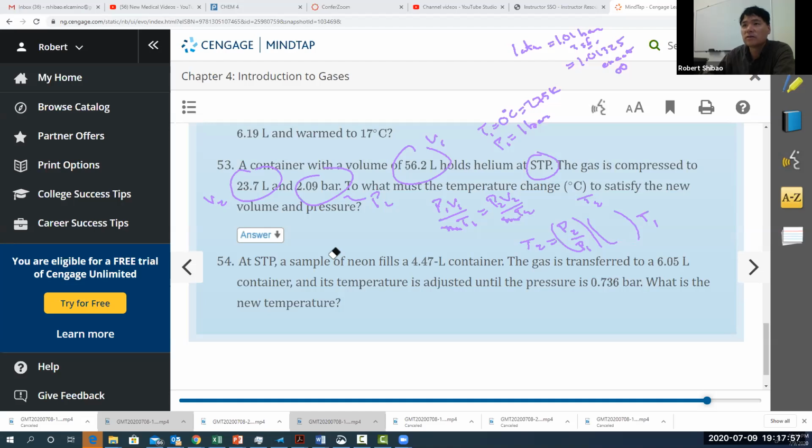Let's look at the volume here. The volume fraction is going to be V2 over V1. So if the volume increases, the temperature must have increased. That makes sense. So the fractions look correct. Let's just plug it in and check the answer here.